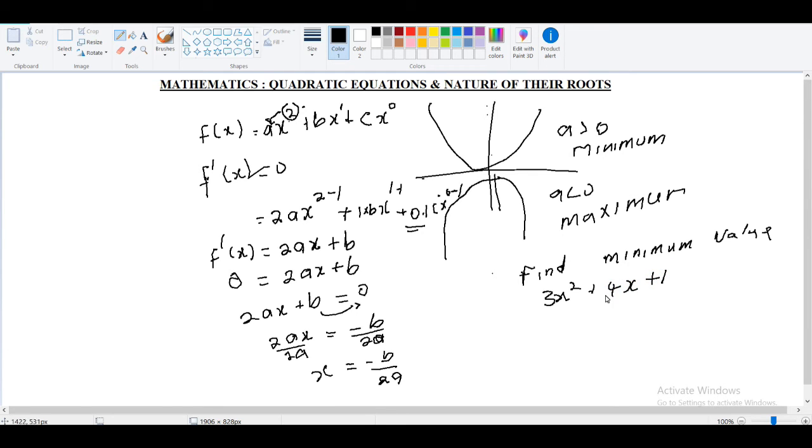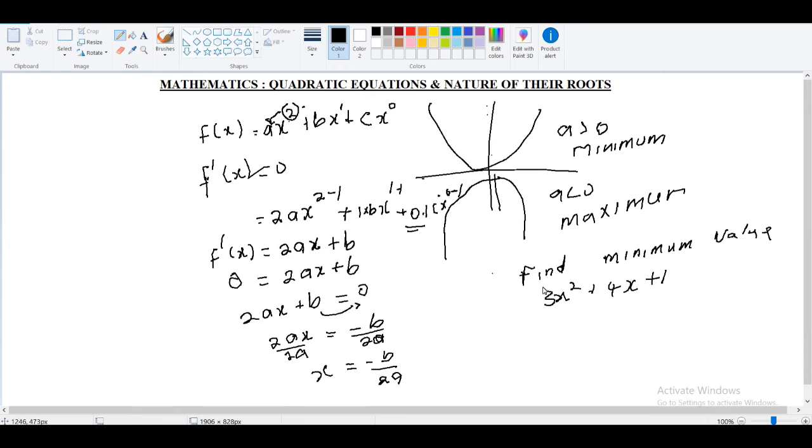So we are given this function, and we are asked to find the minimum value. Why the minimum? Because a is positive, and when a is positive, your function will have a minimum value. If a was less than 0, you would be asked to find the maximum value. So in this case, we find the minimum value.